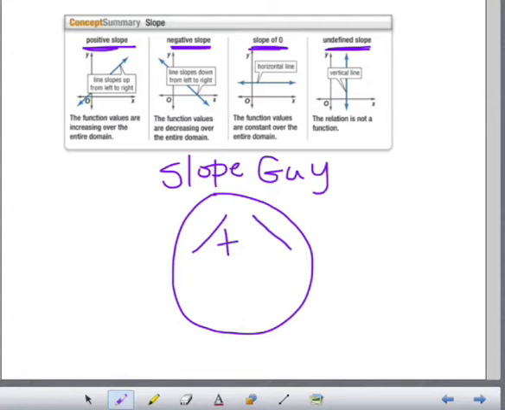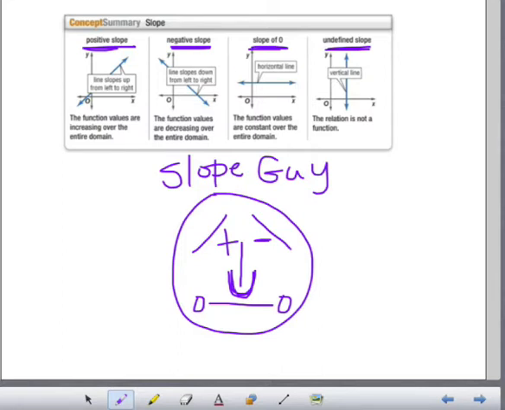If the line goes up to the left, it's going to be negative. If it's straight up and down, it is an undefined slope. That's what that U means. If it's straight across, the line's going to have a slope of 0. That's why those zeros are on there. But there's slope guy to help you remember what the slope looks like on a graph if it's positive, negative, 0, or undefined.